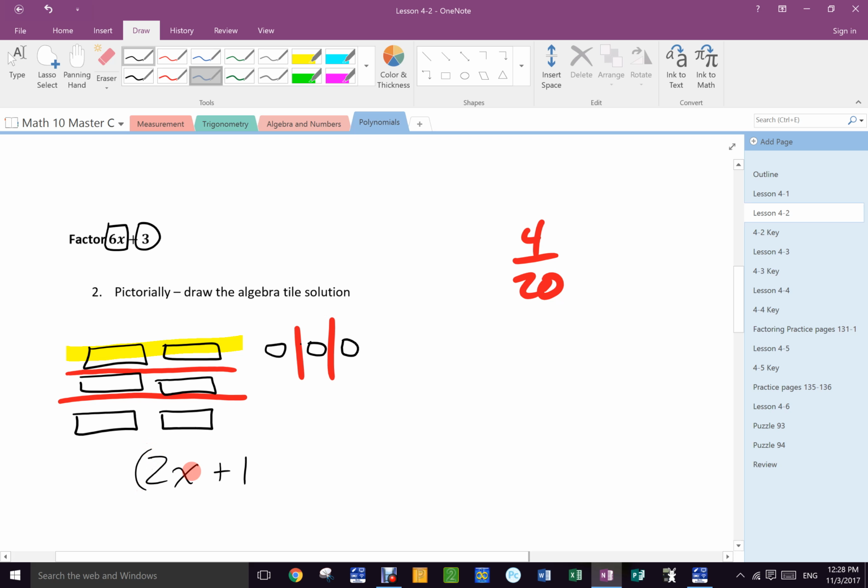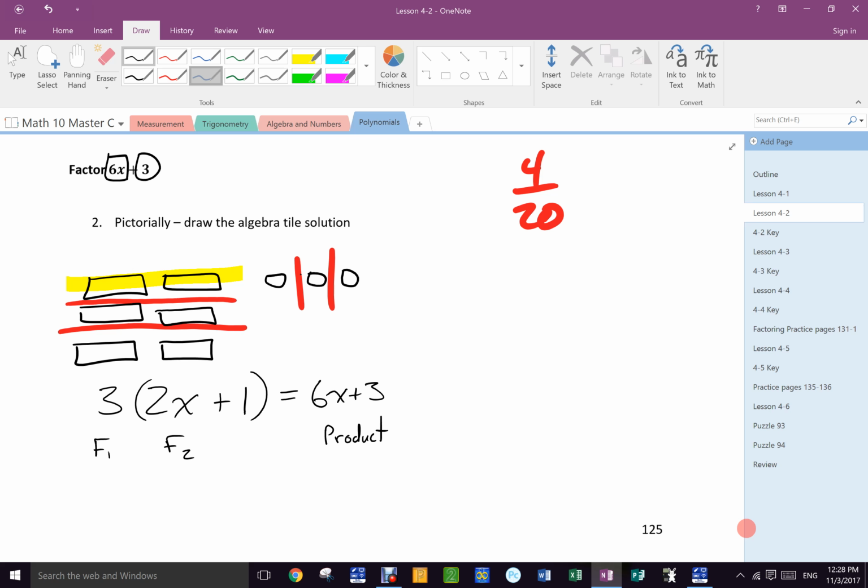And how many of them do I need to get to that product? 3. So these are my factors, and this is my product. Does everybody see? Yeah? Easy peasy lemon squeezy, right? Yeah? Okay.